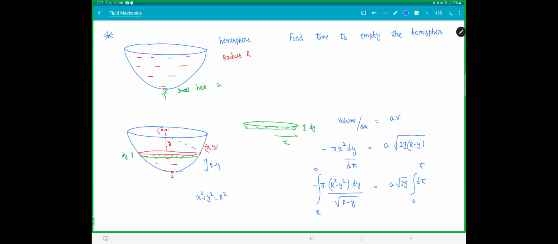At this point, it becomes a maths problem. Understood this? This is one way they can ask you questions. Find the time taken to empty this. You can even take in terms of theta also. You can say this angle is theta and you can get the answer in terms of theta. There are multiple ways to do this. So don't worry about that. The main idea is that the area is changing in the volume flow. Next one.